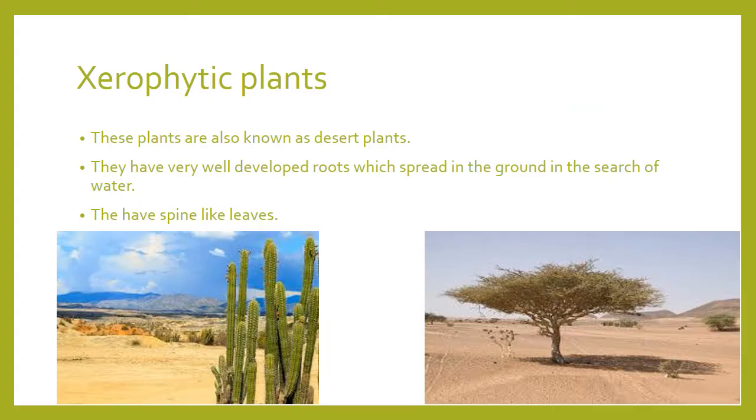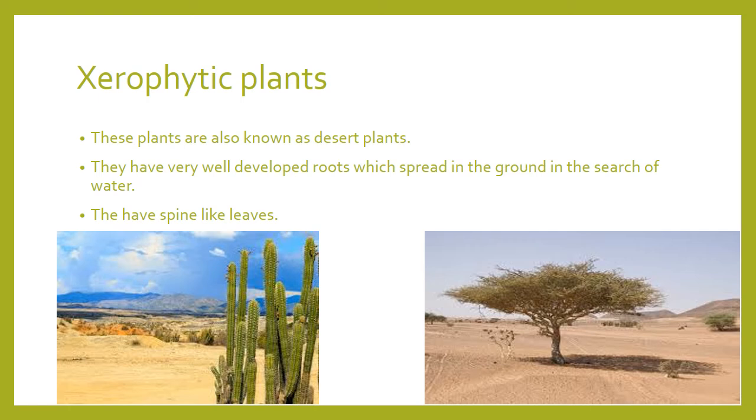Now we will talk about xerophytic plants. We can also call them desert plants, the plants which grow in the desert area. We already know that in these areas there is a lack of water, so plants which require little water and grow in the desert area are known as xerophytic plants.